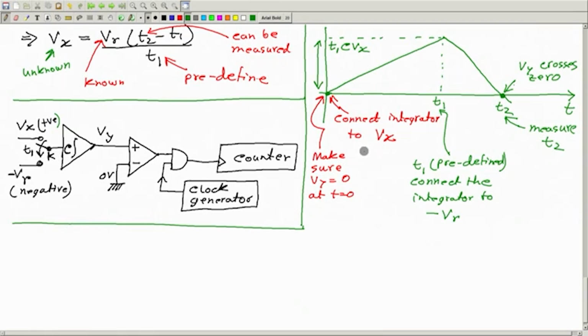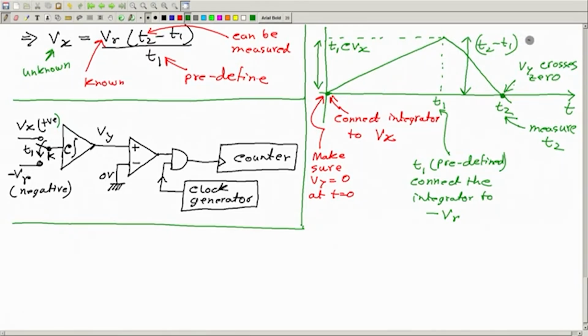And if so, from this side, considering this side, what can we say about this height? We can say this is this time multiplied by this slope, right. So how much is this? This height is therefore the same height. I can write now this time is t2 minus t1 multiplied by this slope. How much is this slope? So in this period this is connected to Vr.